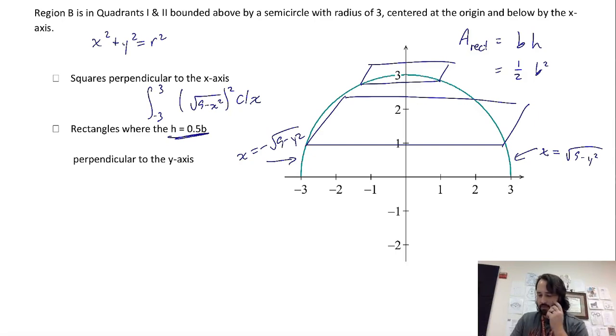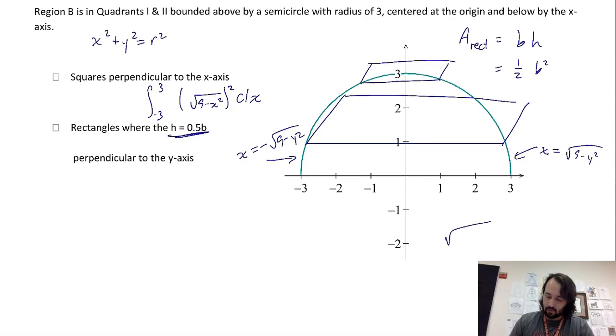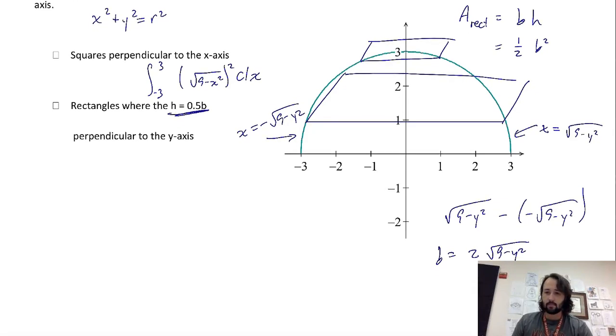We could do top function minus bottom function to find the length there. So if I do root 9 minus y squared minus the negative root 9 minus y squared, this comes out to be 2 root 9 minus y squared. That would be the length of my base.